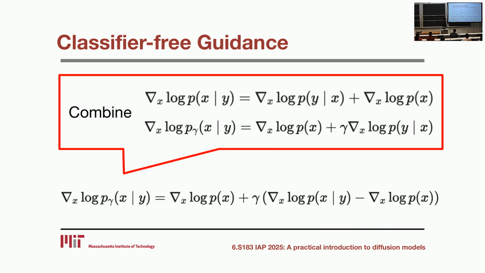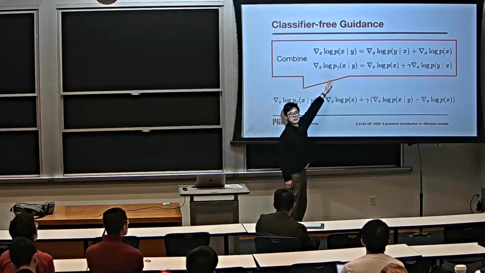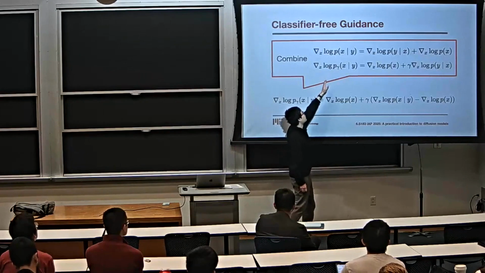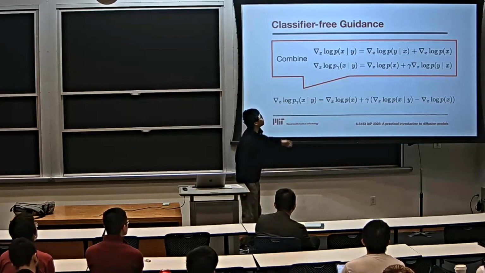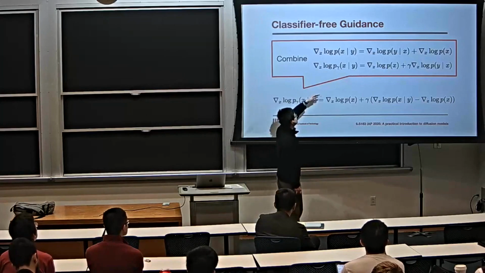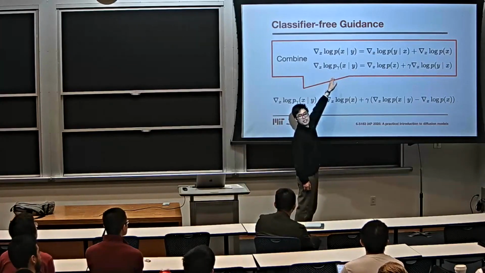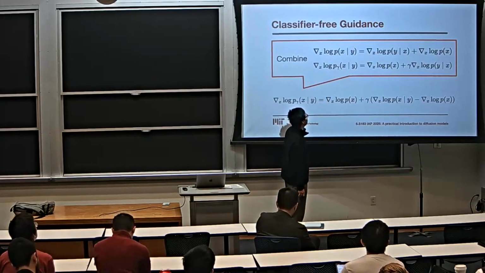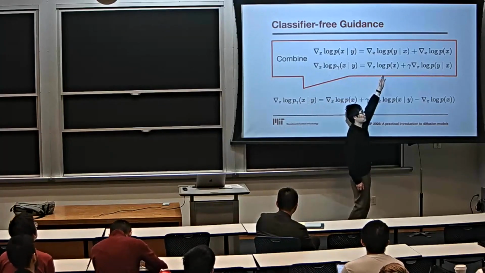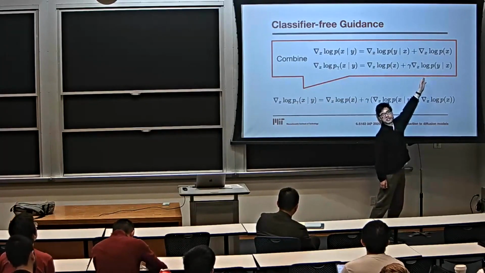You'll see that if we combine these two things, you'll end up with a term that looks like this. So classifier guidance says that you can add the score of the unconditional distribution plus the classifier gradient, right?